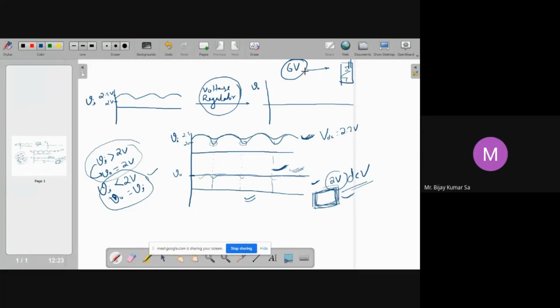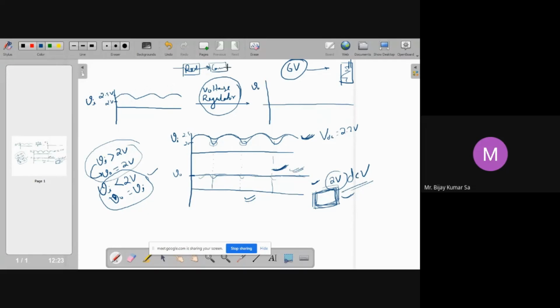So how do you get this 6 volt DC? You need to have a rectifier stage first. The rectified output is given to a capacitor filter so that ripples are somewhat reduced by using this capacitor filter.